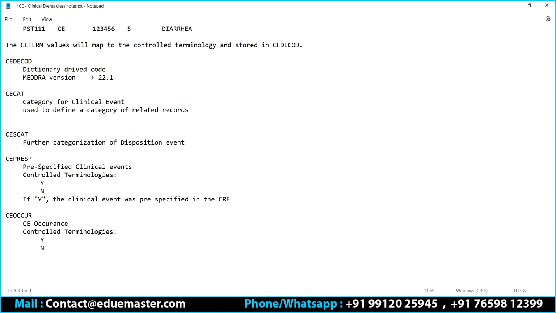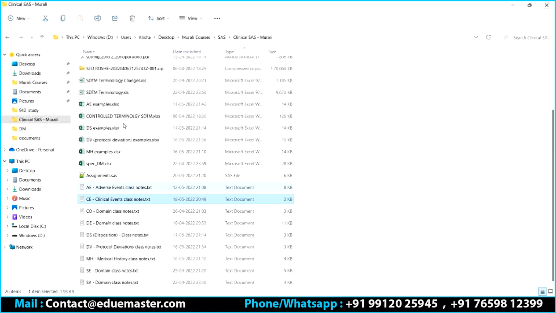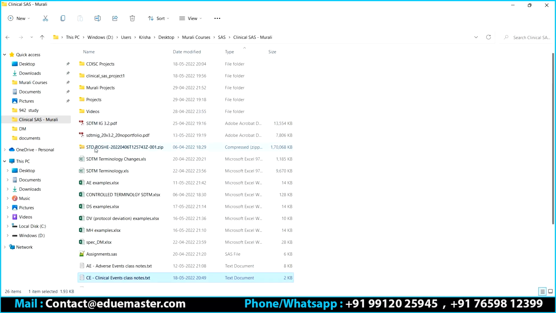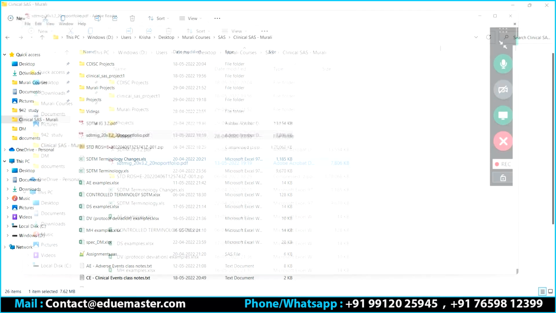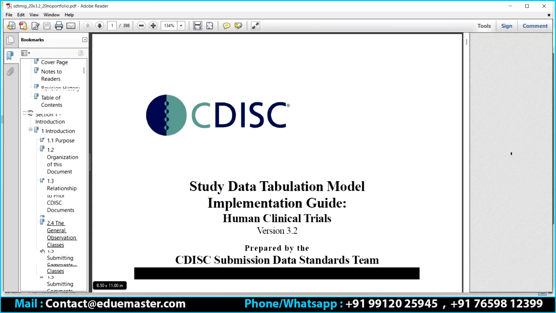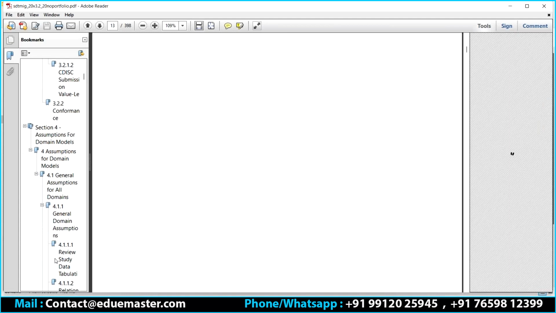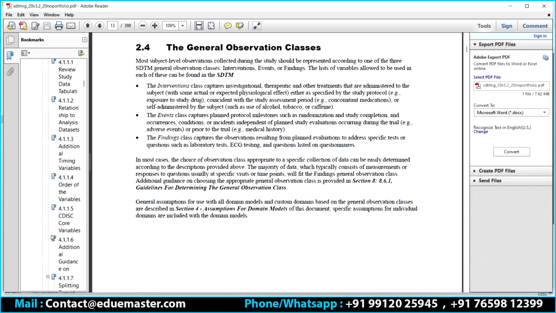All right. Let me open this one as well. SDTM implementation guide. Because we are going in that flow, right? As is we are going, right? Just see where we are. Domains, not 4.1.3.